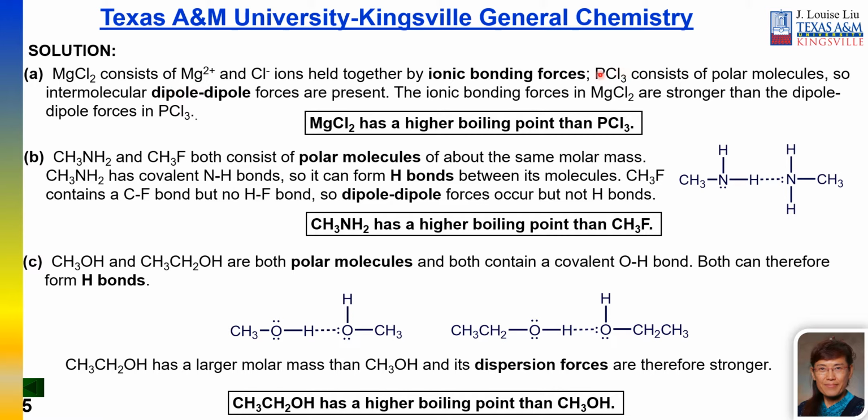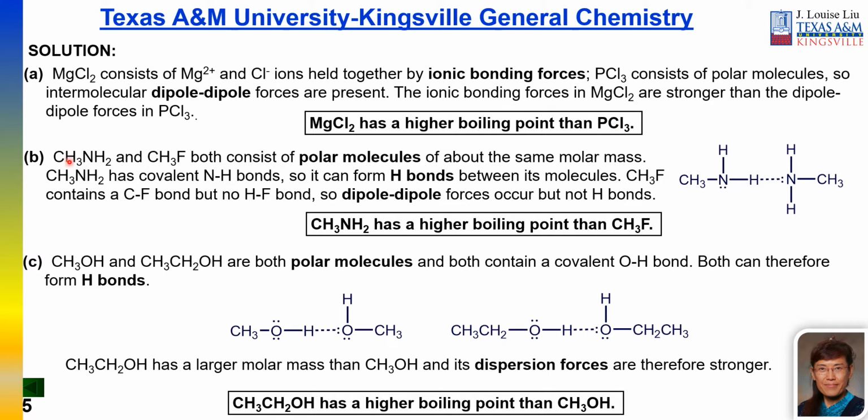So therefore, for this covalent bonded molecule, covalent bonding generally speaking is weaker than the ionic. And the intermolecular forces will be dipole-dipole attraction. So therefore, ionic compound has a very high boiling point. Magnesium chloride, the first molecule, has a higher boiling point than the PCl3.